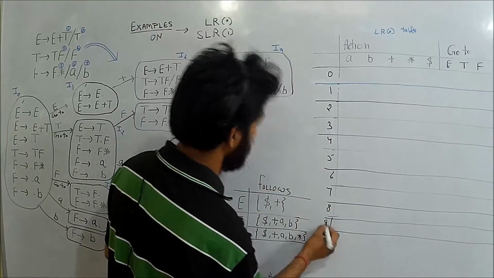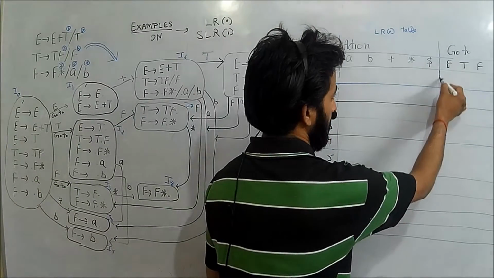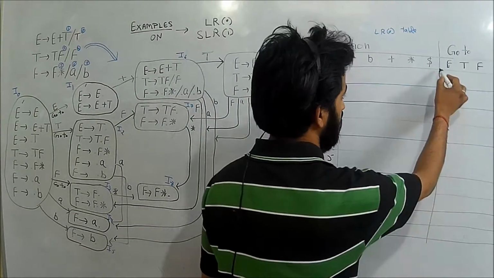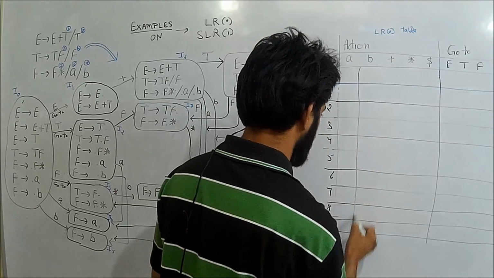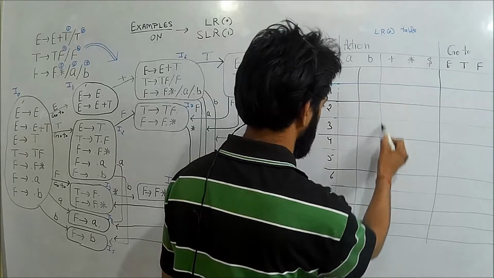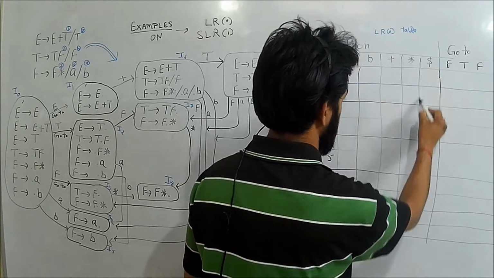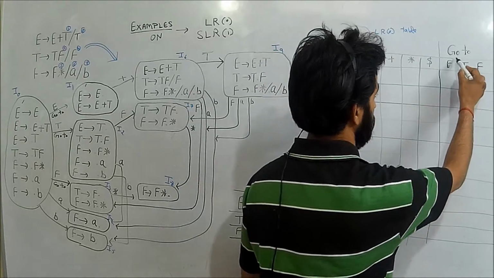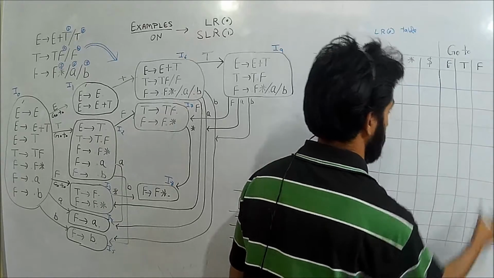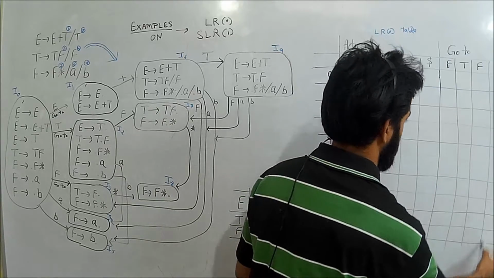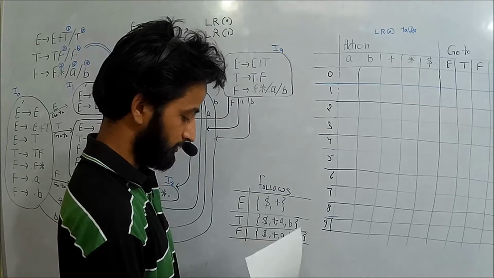Okay. All the 9 are here. So in goto we have all non-terminals.